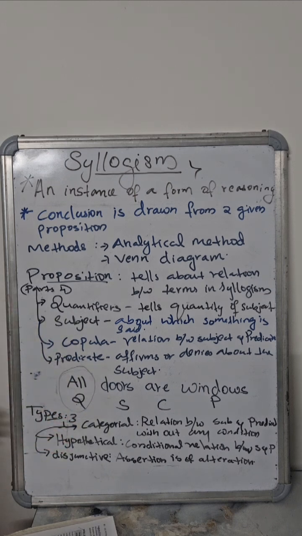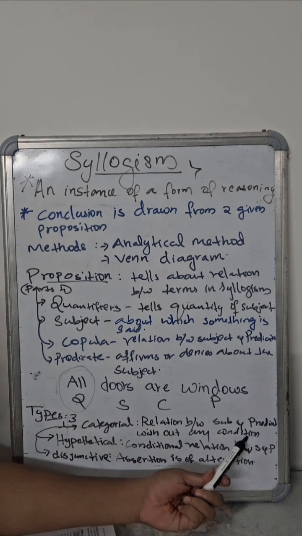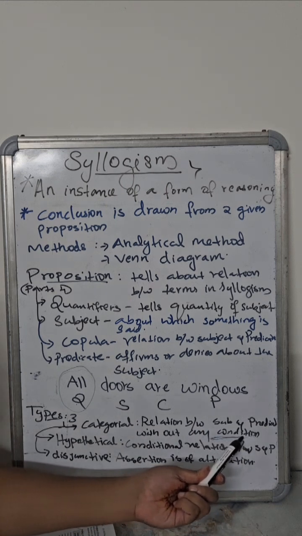Now let's see different types of proposition. There are mainly three types of proposition: categorical proposition, hypothetical proposition and disjunctive proposition. In a categorical proposition, there exists a relationship between subject and predicate without any condition. That is the main element of a categorical proposition.